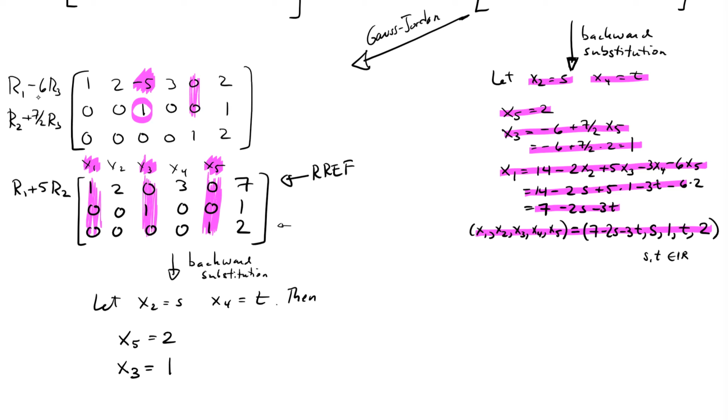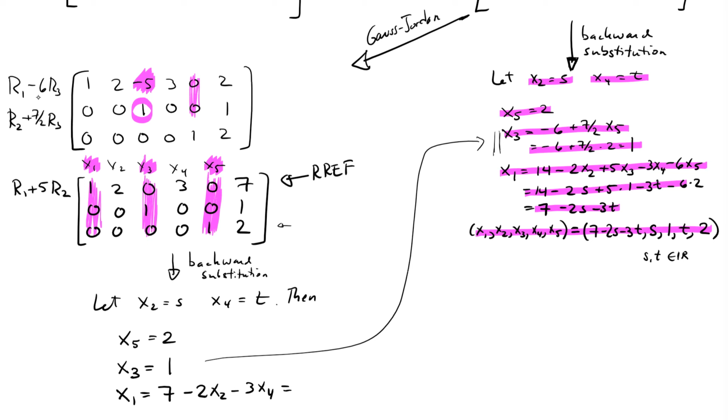So you see, I don't have to do any work for x3. So compare this to here. So here I had to do this work here to get x3. I don't have that work to do. That's because it was kind of done when I'm doing the Gauss-Jordan step, that extra step. And I solve for x1. You'll see I have no work to do for x1 either. x1 is 7 minus 2x2 minus 3x4.